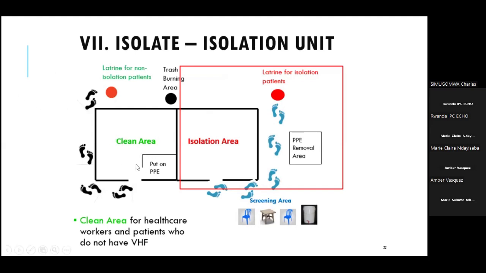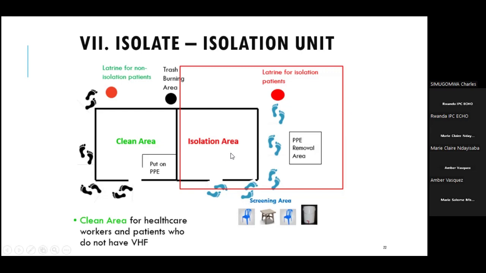In the clean area, we must have an area where the healthcare workers change their clothes from home. They must have an area where they put on the required PPEs, but also wash facilities for the personnel who are in the clean area. Then isolation is where we keep the suspect case or positive case. We must limit the movement in this area for the patient and the caregivers.